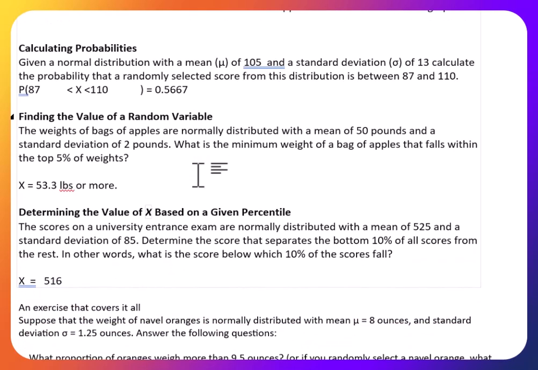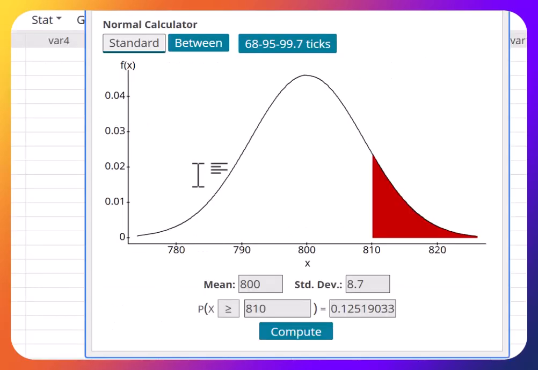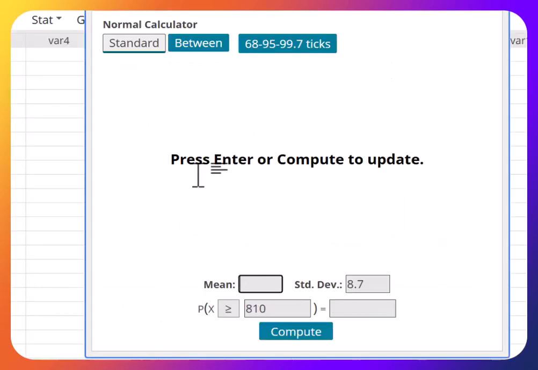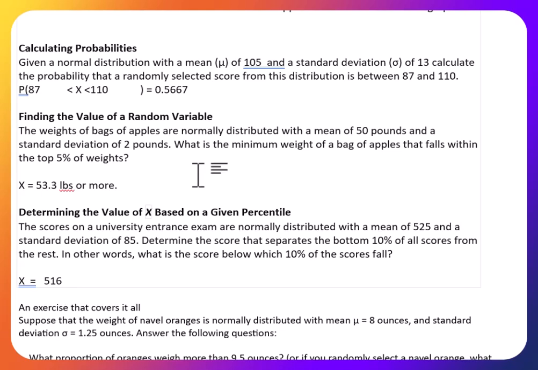Calculating probabilities. Given a normal distribution with a mean of 105 and a standard deviation of 13, what is the probability that a randomly selected score from the distribution is between 87 and 110?